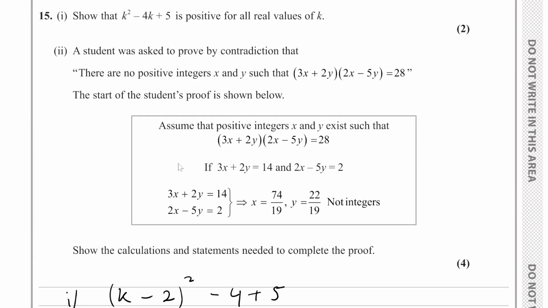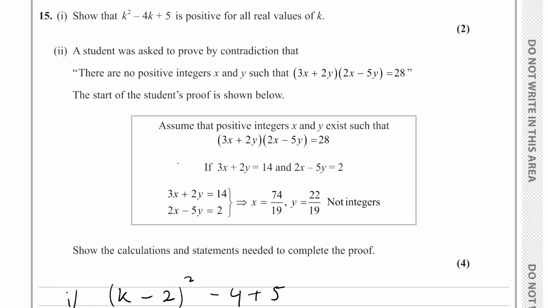A student was asked to prove by contradiction that there are no positive integers x and y such that (3x plus 2y) times (2x minus 5y) equals 28. So there's no positive integers that make this true. The start of the student's proof is shown below. Assume that positive integers x and y exist so that this times this equals 28.